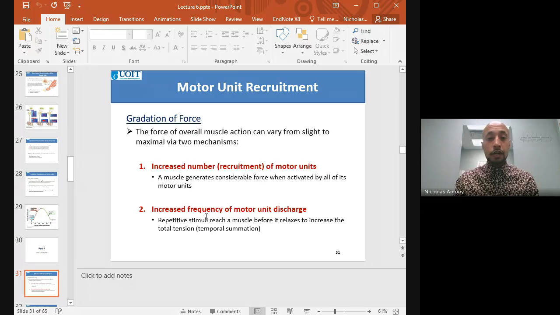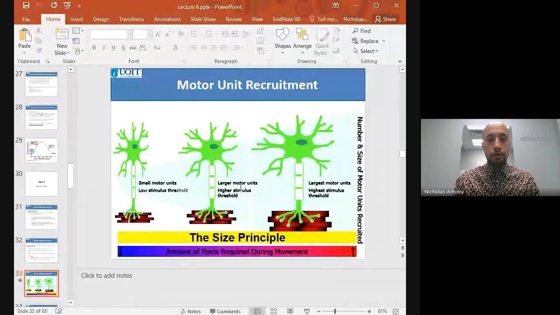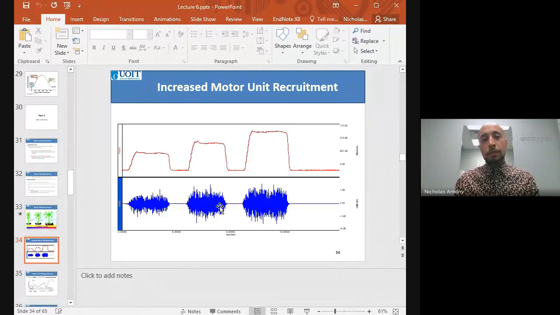If I show you a diagram here, I'm just skipping ahead a little bit, but do you see how when you're looking at the electrical activity of a muscle, it's not just one solid bar? This is the electrical activity of a muscle, and this is the force that it's generating.